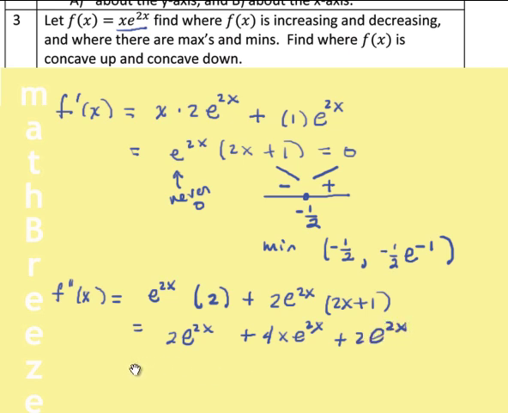And we're going to, again, factor out e to the 2x. Let's combine these. We have 4x e to the 2x plus 4e to the 2x. So we're going to factor out e to the 2x times 4, and we're left with x plus 1.